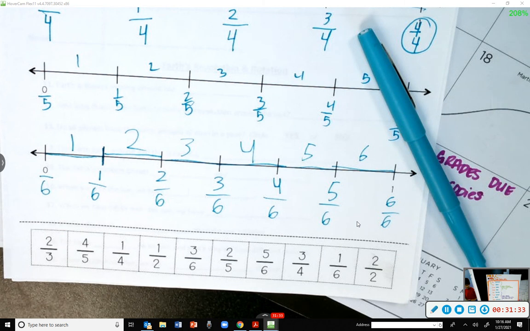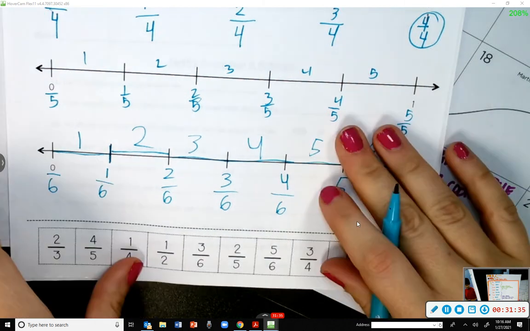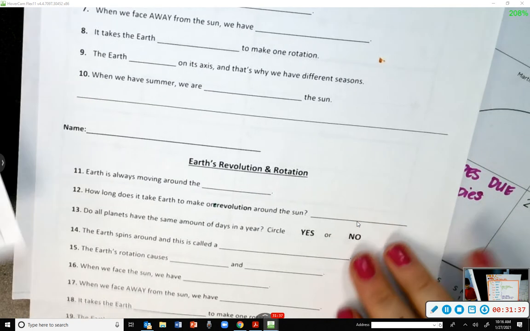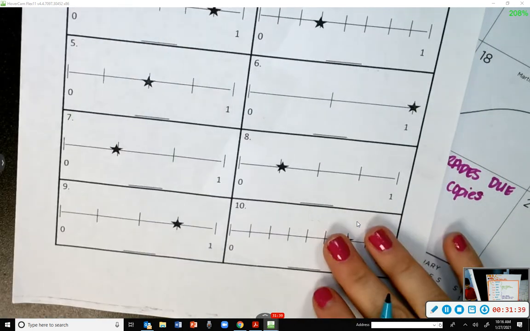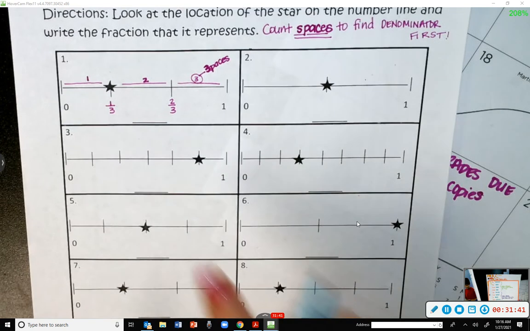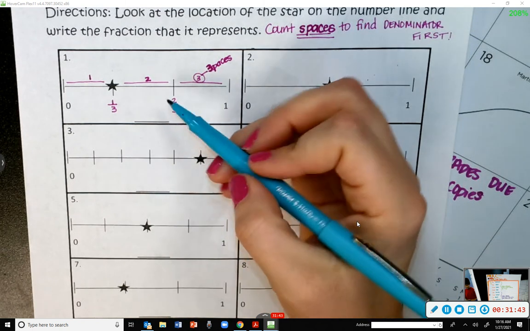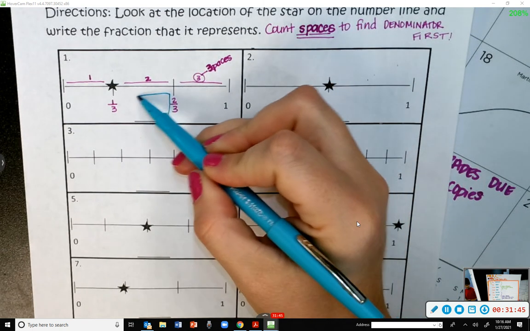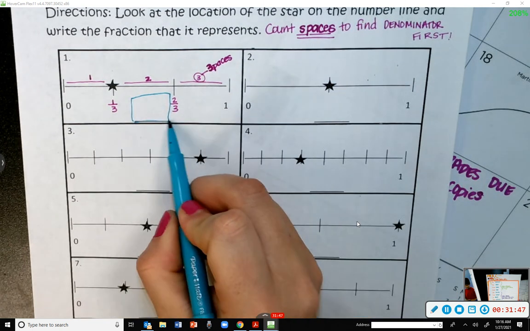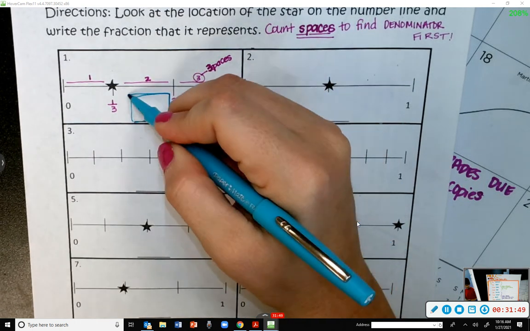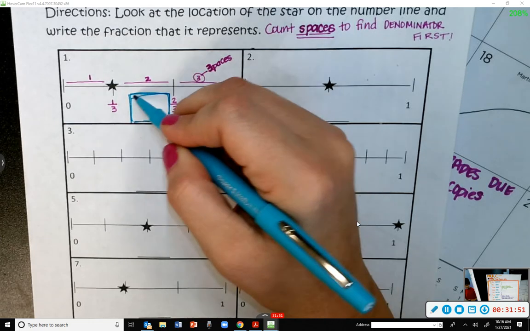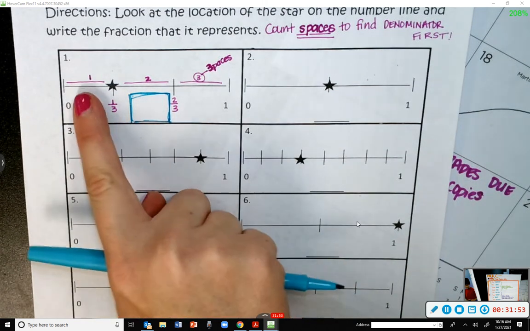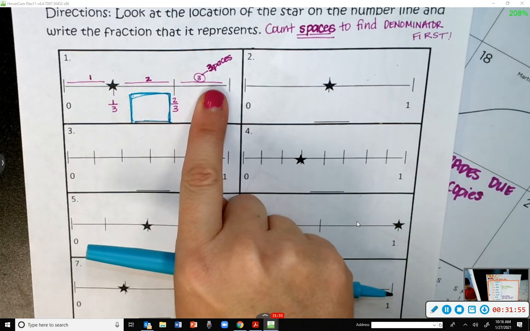No. All right, so your assignment is going to look like this in Seesaw. The star is what you need to write the fraction for on the line down here. The line is kind of hard to see, but this is where I want to look and find your answer. Okay? So you need to count the spaces just like we practiced.